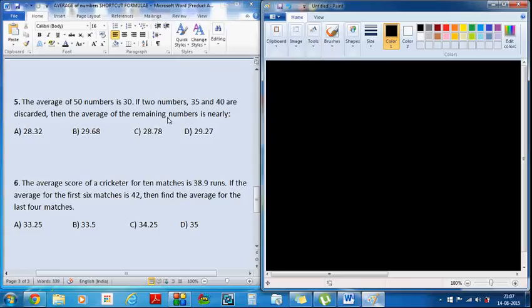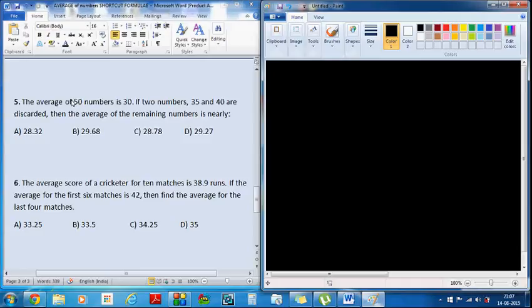What are the remaining numbers? 35 and 40 are discarded. So there are 50 numbers and the average of the 50 numbers is 30. Two numbers, 35 and 40, are discarded.